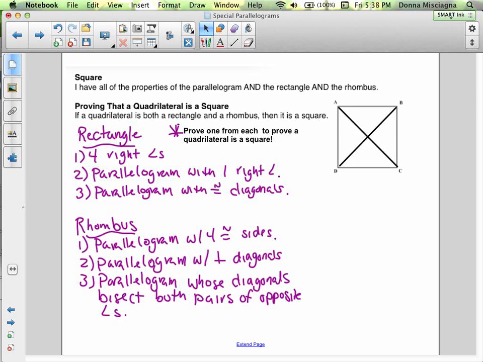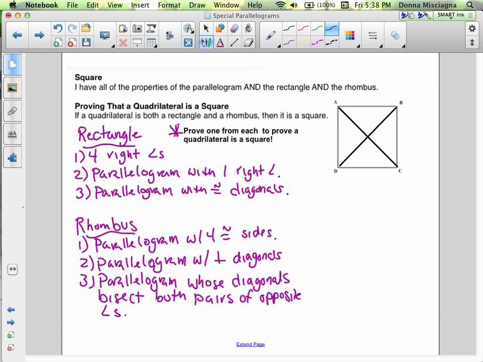Now some of these work nicely together, right? And you'll see that when we go to prove what kind of figure each of the quadrilaterals is. But before we end this tape, it's going to be a short tape, let's mark all of the things that are true about the square here.